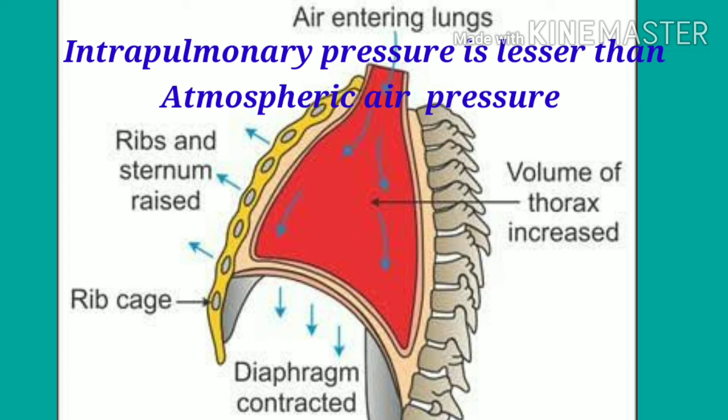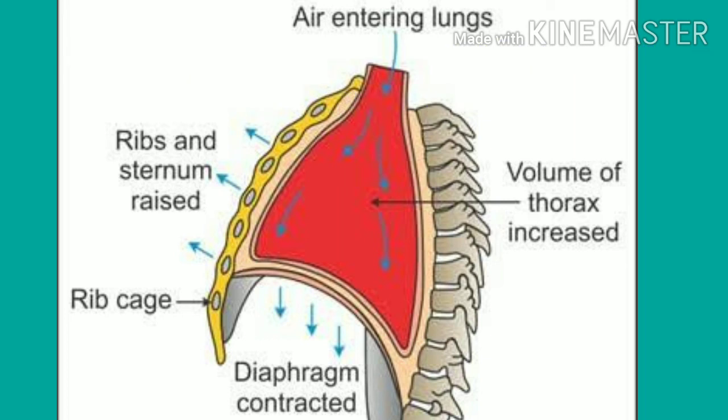We already know that air moves from high pressure to low pressure. That causes atmospheric air to enter into the lungs. The pressure inside the lungs is low compared with the atmospheric pressure, then the air enters into the lungs from the atmosphere. This process is called inspiration.